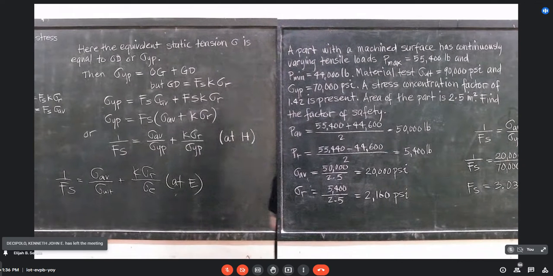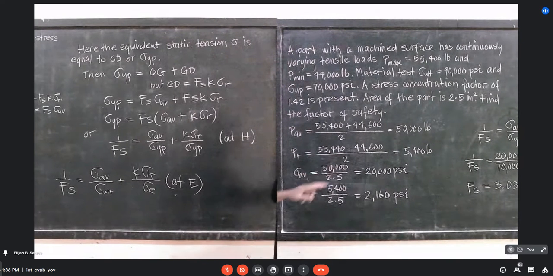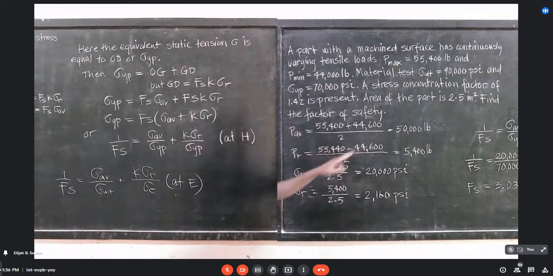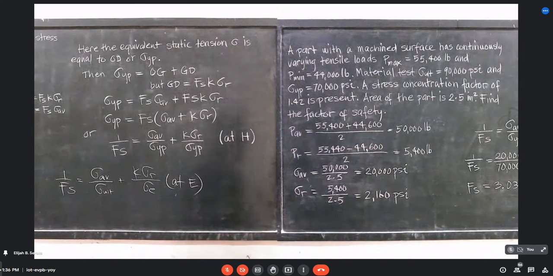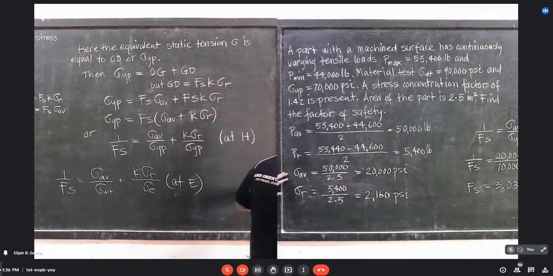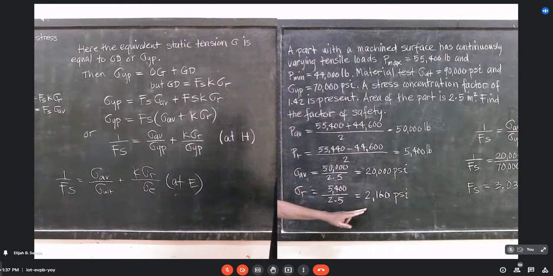Be careful with that because the signs are being carried in the formula. Maximum plus minimum over 2, that is for the average. And for the range is maximum minus minimum over 2. That is for your average load. And of course, just divide it by the area, you are going to get the average stress and the range stress.